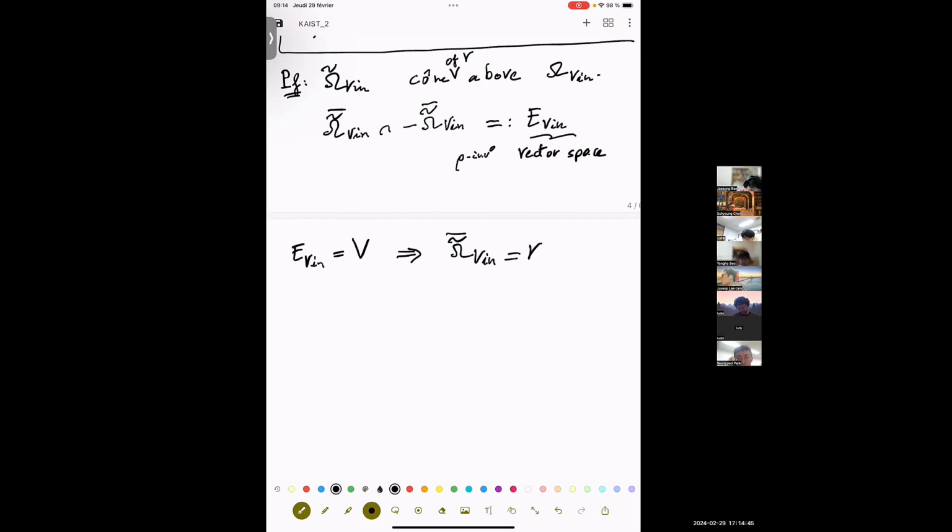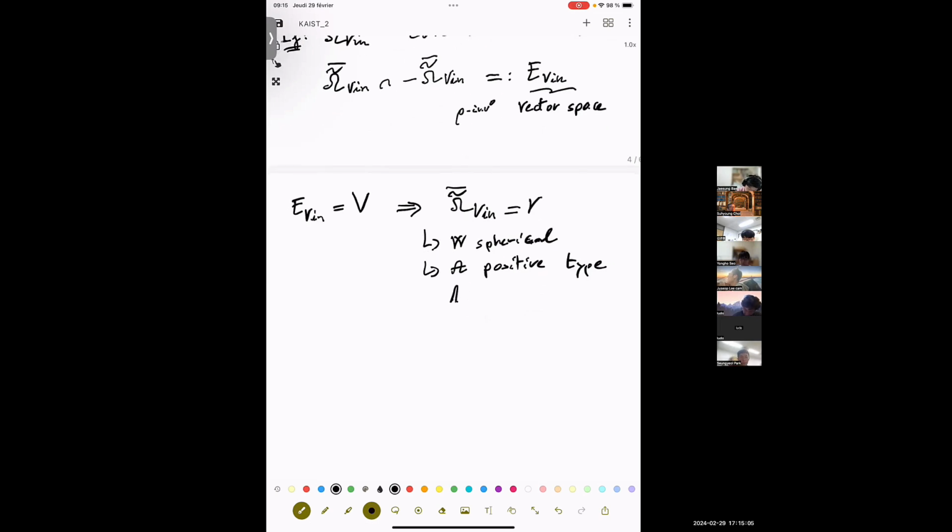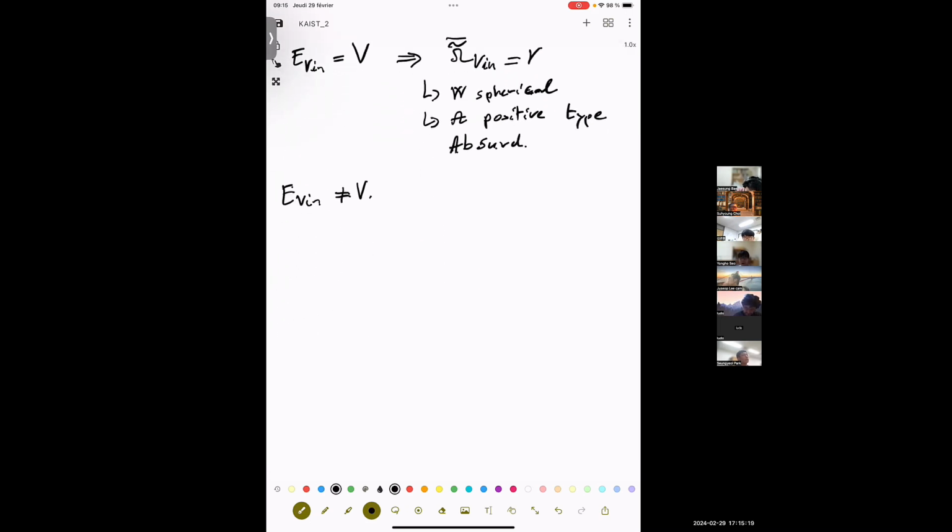So the cone is everything, but we have already said that in that case, it means that W is spherical. So it means that A is of positive type, so this is absurd for us. So we are not in that case. And so I Vin is not the whole vector space. Since I Vin is not the whole vector space, it means that I Vin is in the boundary of the cone.